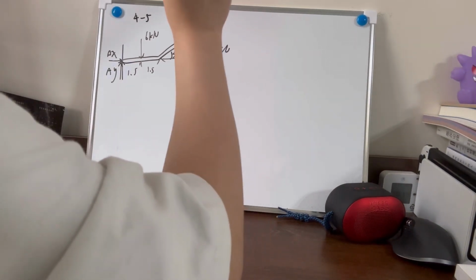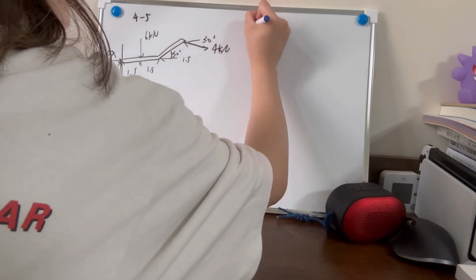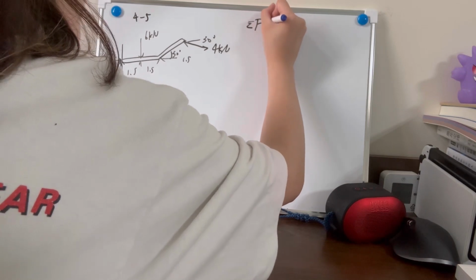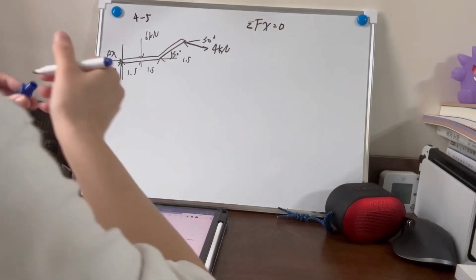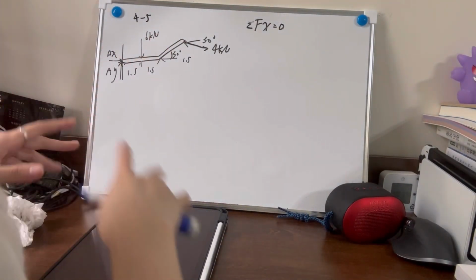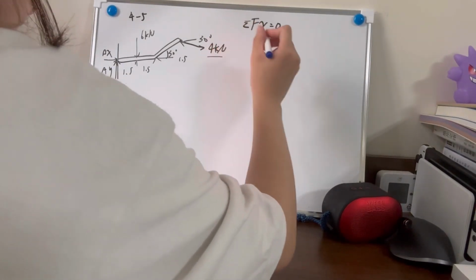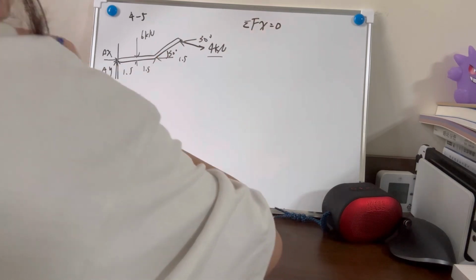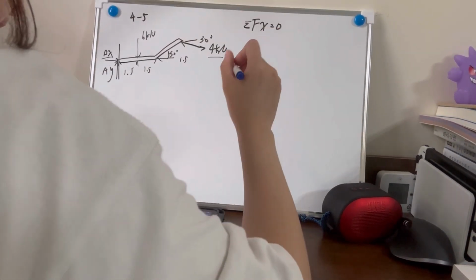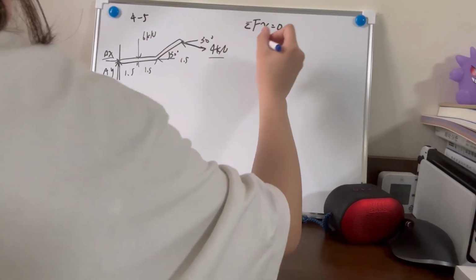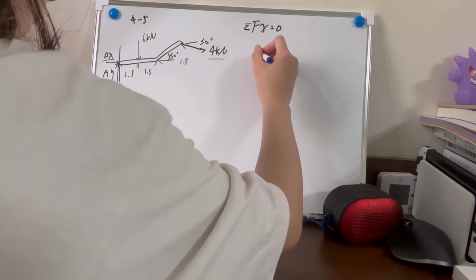So it's equilibrium, so summation Fx equals 0. So every force in the x-axis here is this, and also this.